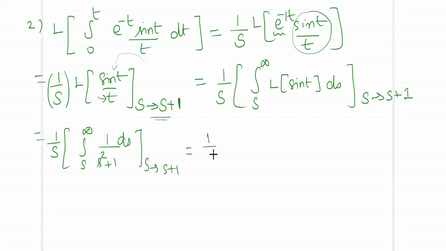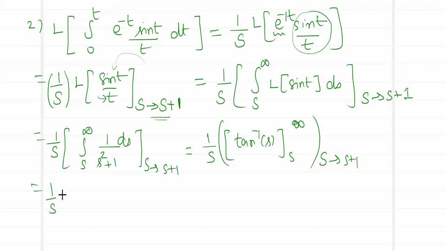As we know, integral ds by s square plus 1 is tan inverse s. This has to be applied with limits between infinity and s, and then finally shifted to s plus 1. So this gives me 1 by s times tan inverse infinity minus tan inverse of s, with s moving to s plus 1.